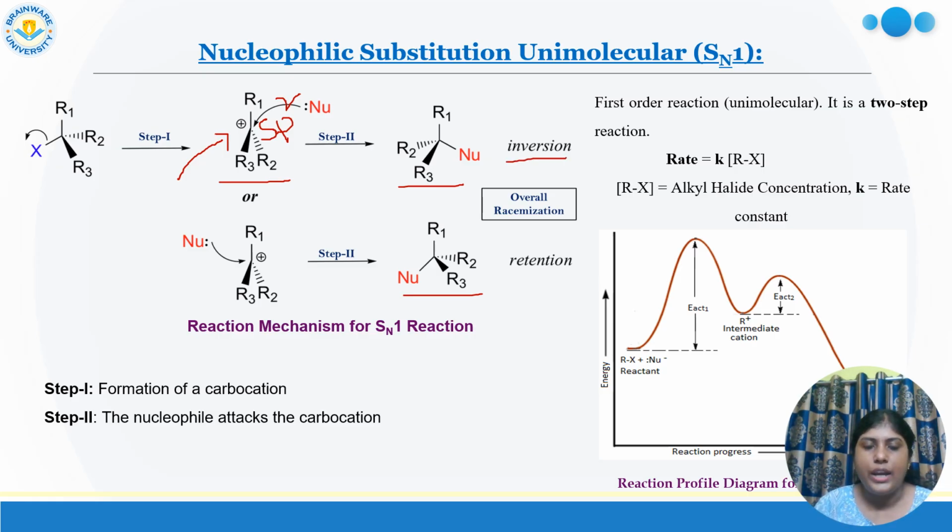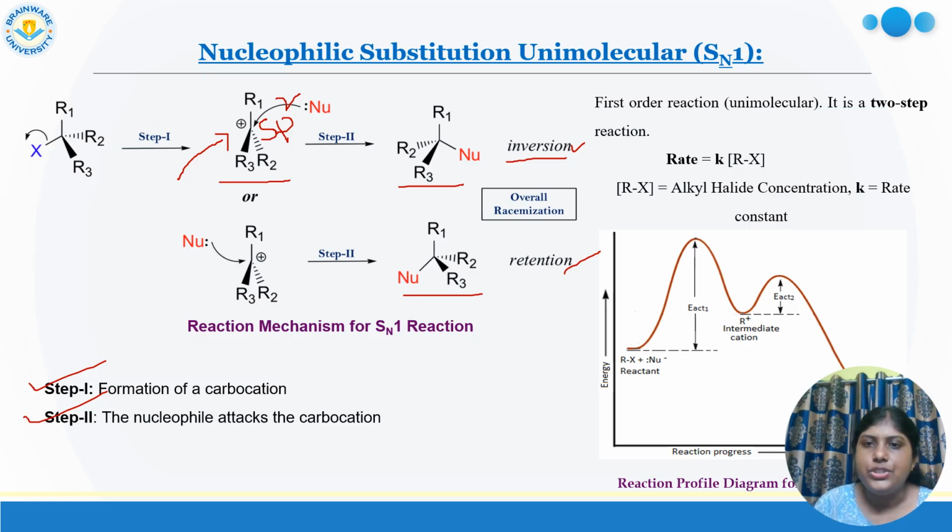So in this reaction, after completion of the reaction, 50% of the mixture will be in inversion configuration and 50% of the product will be in retention of configuration. So the total is overall racemization. So this is basically a two-step reaction. First step is formation of carbocation and second step is attack of the nucleophile.